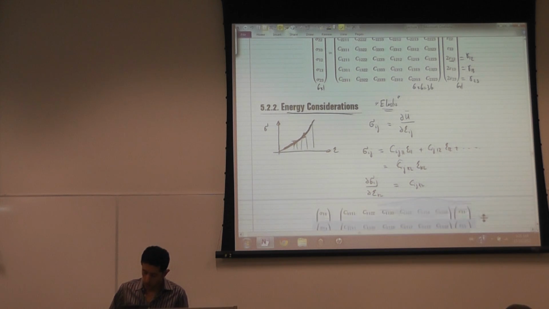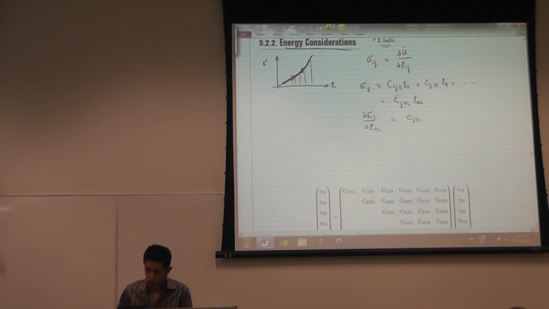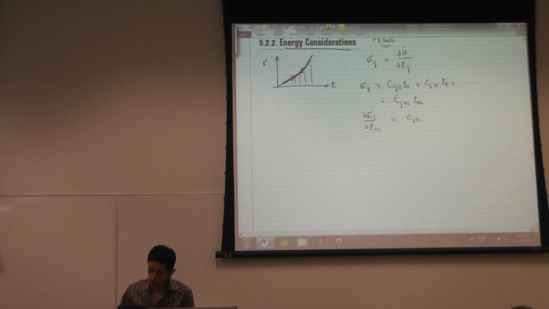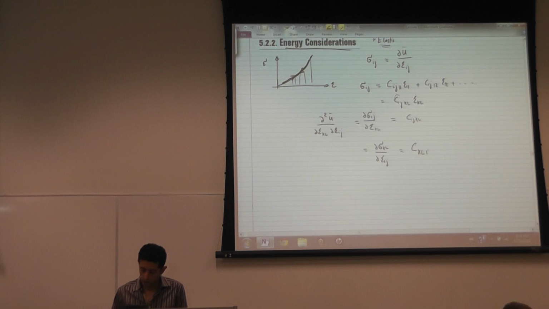I'm just going to do it with an example too, so that you understand what's going on in a second. Now partial sigma ij by partial epsilon kl is equal to Cij kl, and this is equal to partial 2u by partial epsilon kl partial epsilon ij. But I know that partial sigma kl by partial epsilon ij is equal to C kl ij, which is also equal to the same second derivative.